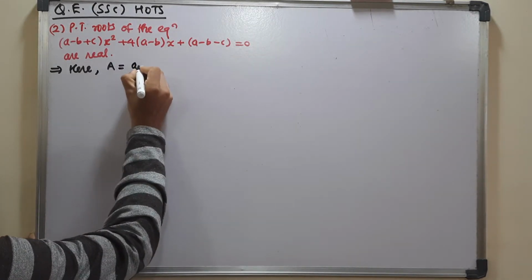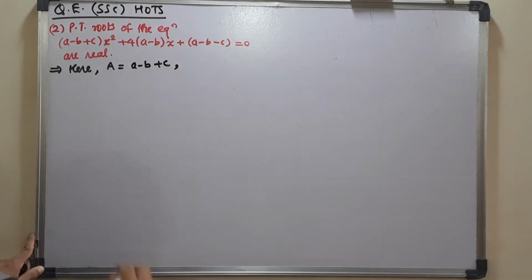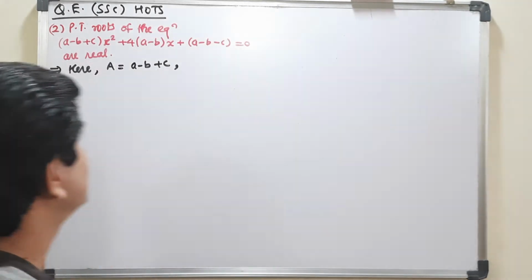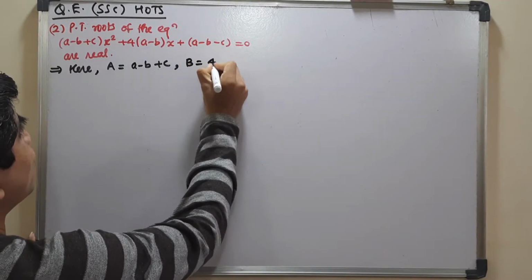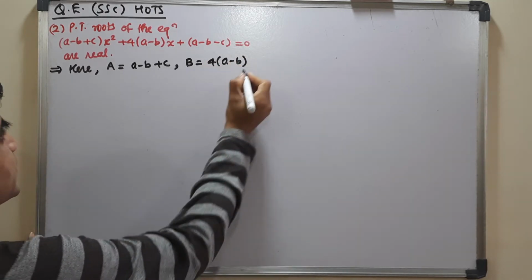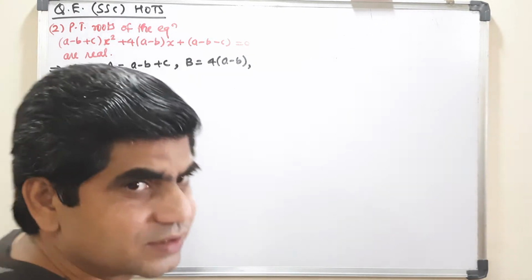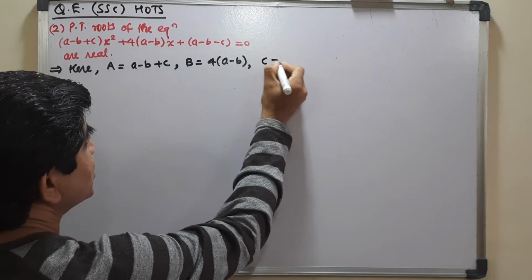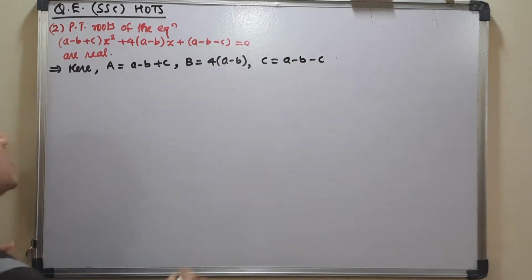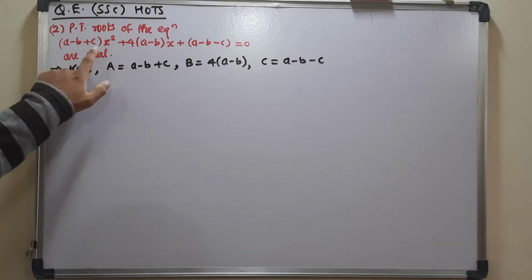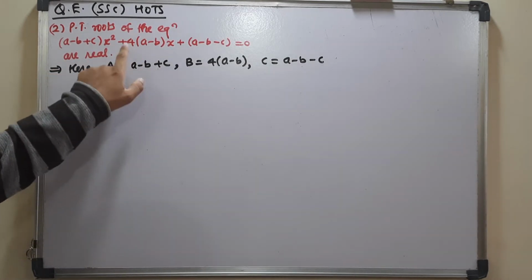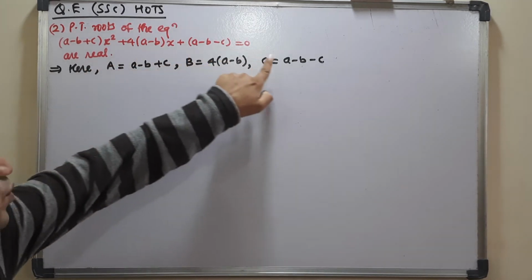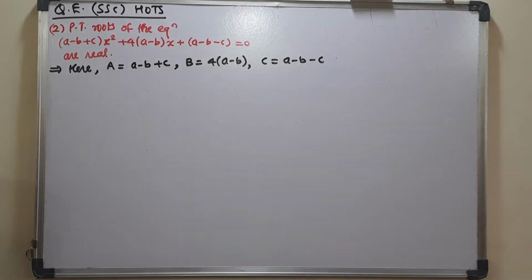So A is A minus B plus C. Then the coefficient of X is the value of B. So B value is 4 into bracket A minus B, and the constant without x square or without any variable is the value of C. So that is A minus B minus C. Value of A is A minus B plus C. Value of B is 4 into A minus B, the coefficient of X, and value of C is without any variable, that is value of constant.